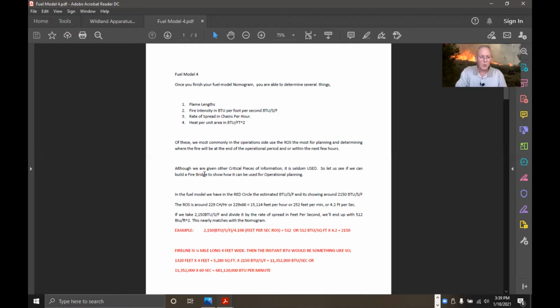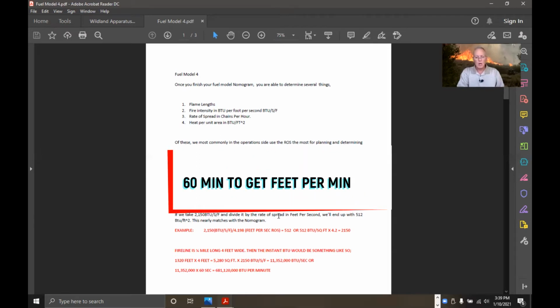Well, so here's where we go. So in the fuel model, we have in the red circle estimated BTU per second per foot, and it's showing around 2,150 BTU, okay? The rate of spread, 229 chains per hour, or that could be 15,114 feet per hour. If you divide that by 60, seconds in a minute, you get 252 feet per minute.